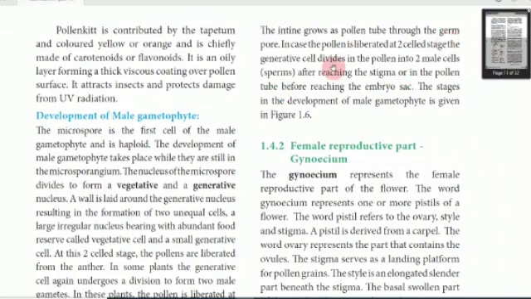In the two-celled stage, the generative cell divides into two male cells called sperm cells after reaching the stigma, in the pollen tube, before reaching the embryo sac. So before reaching the embryo sac, the tube carries two male gametes. These two male gametes play a good role in fertilization.